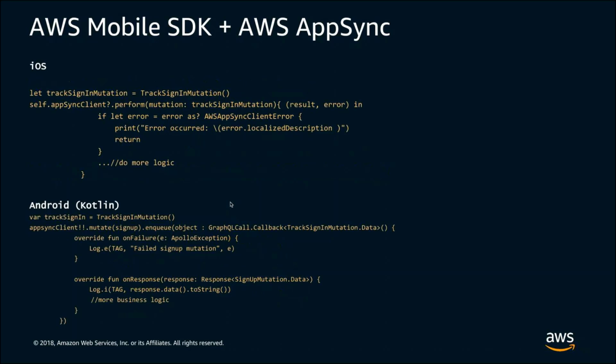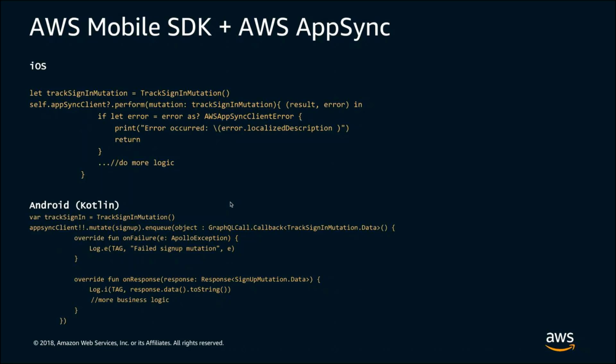Now, in order to perform a simple mutation, what a client has to do is create a new sign-in mutation. The sign-in mutation object is auto-generated for you by the SDK clients. We have a code generator that you can run whenever you make changes to your schema or your query or mutation itself.